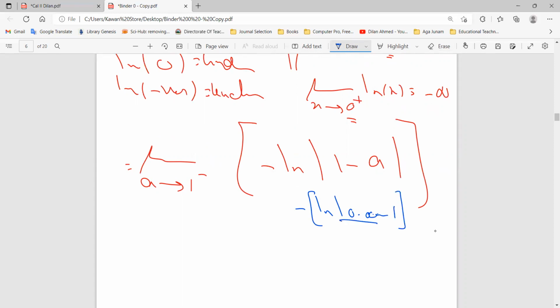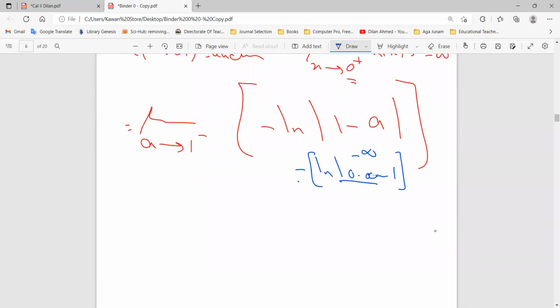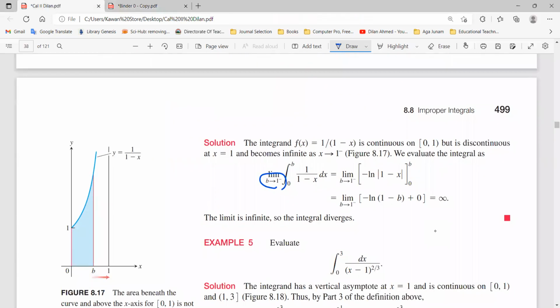And I know that is minus infinity. Am I right? Then minus multiplied by minus, that's why the result is infinity. Is it convergent or divergent? Divergent.